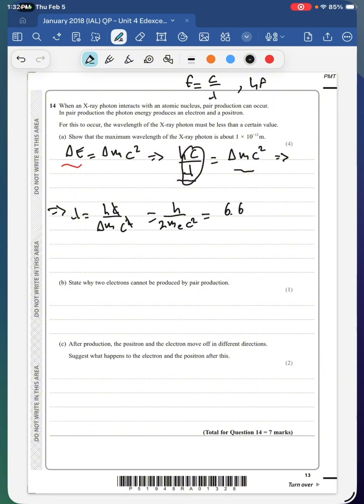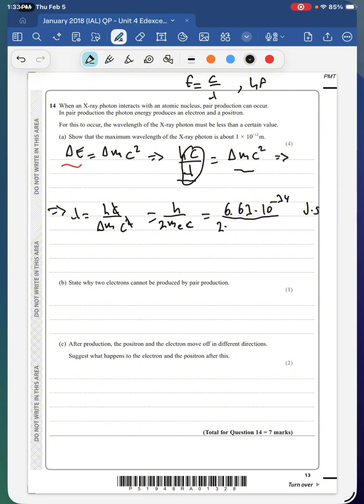Now let's plug in numbers. So 6.63 times 10 to the negative 34 joule seconds. And then, wait, it's not c squared, it's c. We cancelled one of the c's, remember? Sorry.